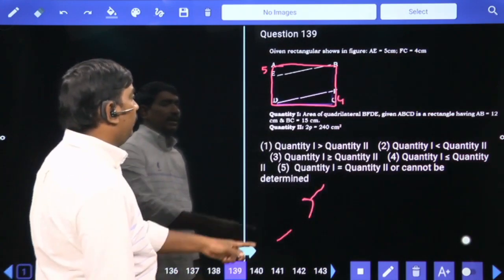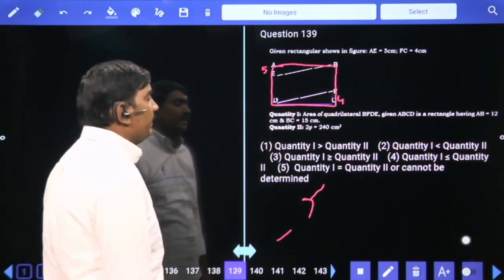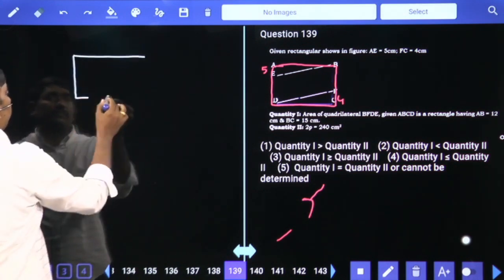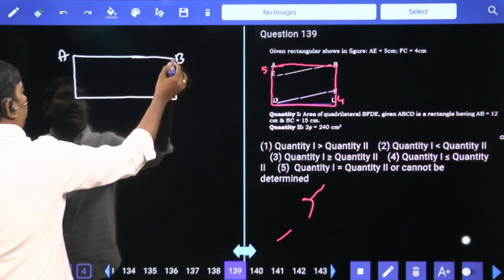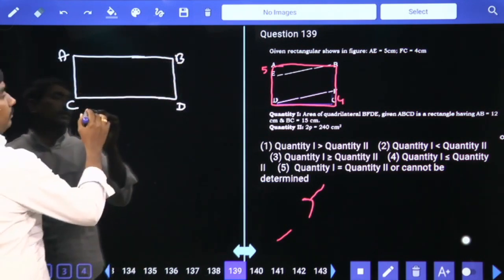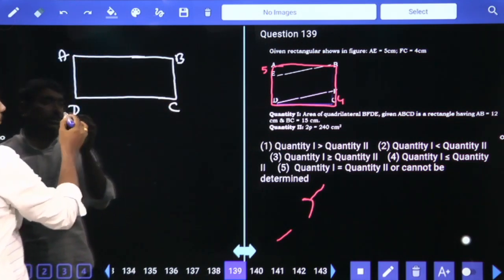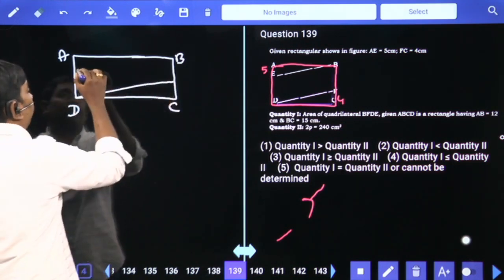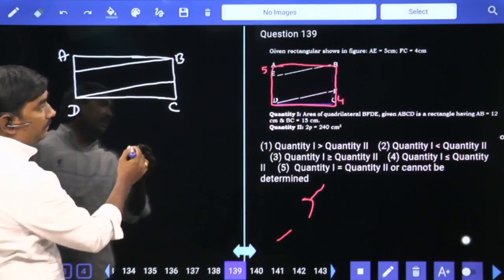Area of the quadrilateral BFDE, given ABCD is a rectangle having AB 12, BC 15. A, B, C, D. AB is given as 12.